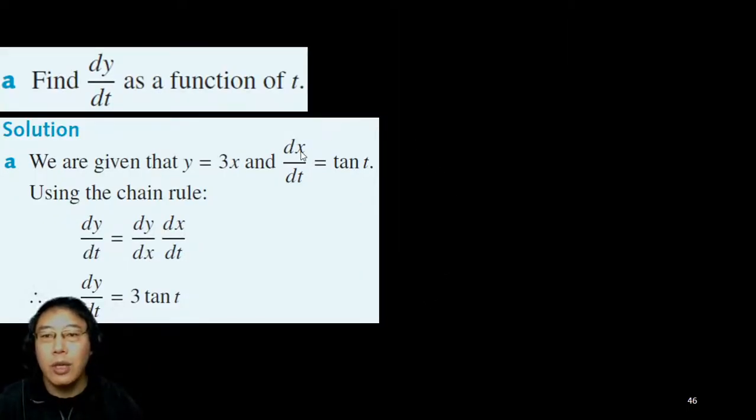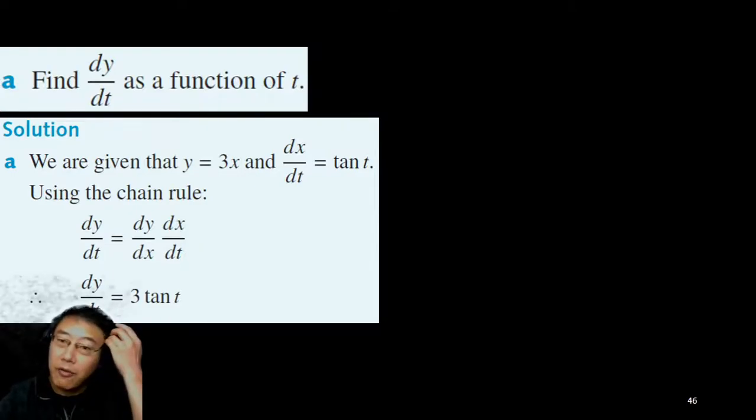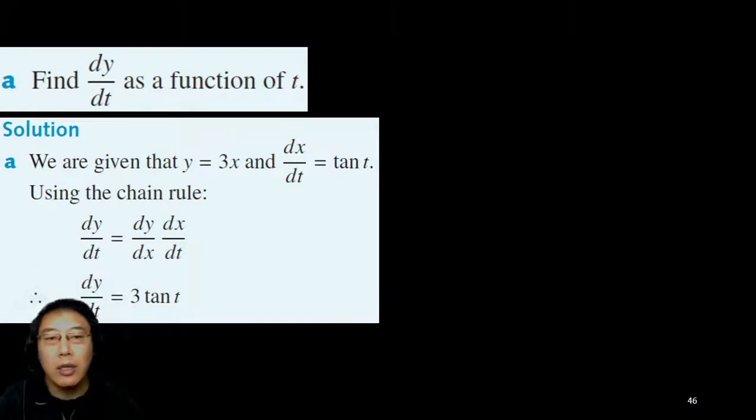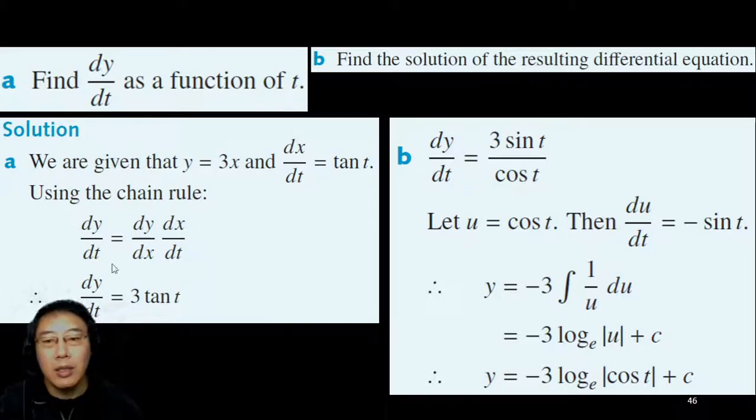Okay, so you just use a direct chain rule and we get an expression of dy dt in terms of t. Now for part B, as a trick, we can express tangent as a quotient of sine over cos.